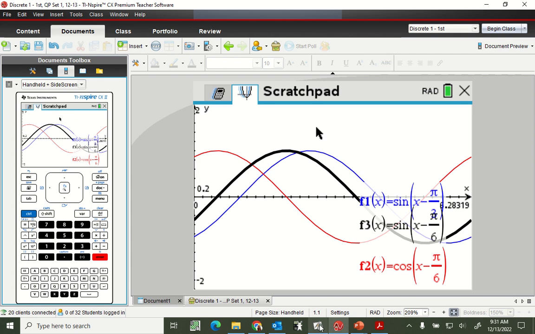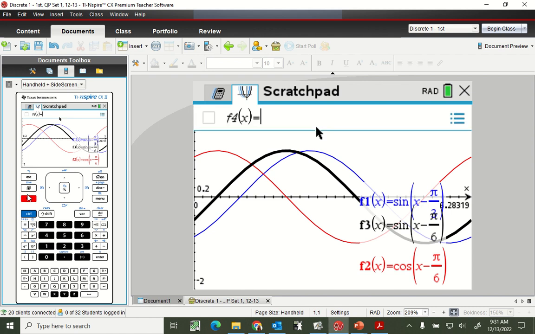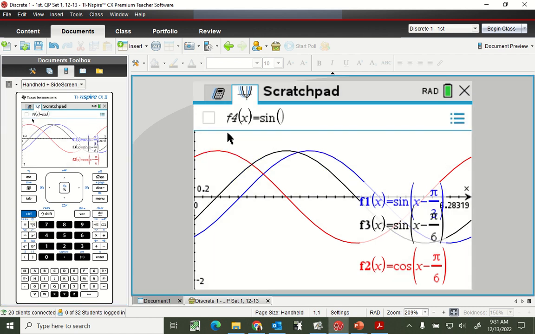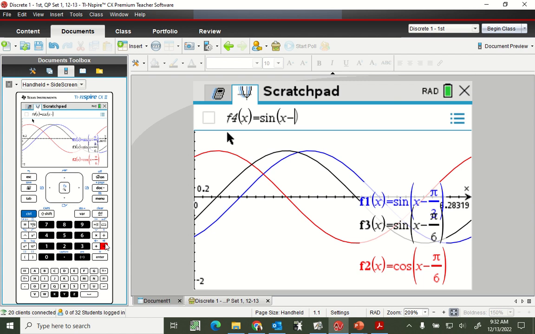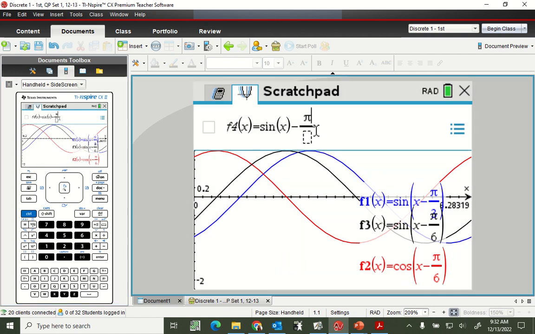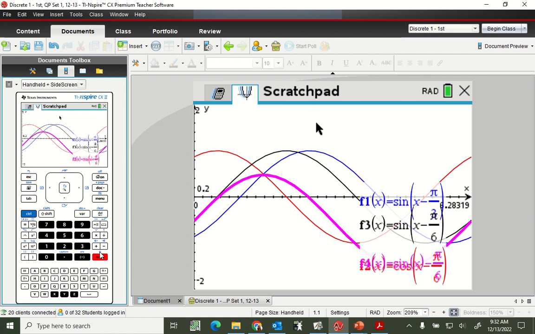And my last one is sine x minus pi over 6. All right, make sure you close the parentheses on this one so you could tell the difference between this one and the other ones.